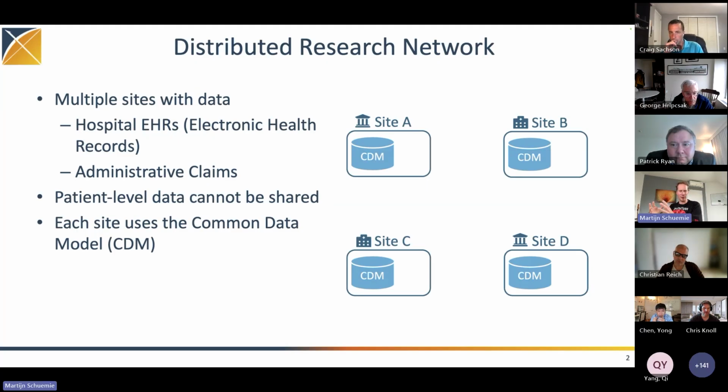What we're talking about, of course, in Odyssey is usually a network of databases, a distributed research network, such as the Odyssey Evidence Network, where we have multiple sites that have patient data, for example, EHRs or claims data. And this is patient level data that cannot be shared, but luckily we all adhere to the OMOP common data model.